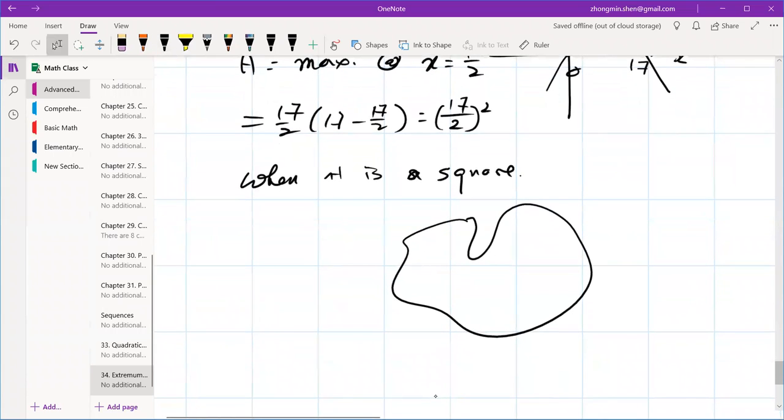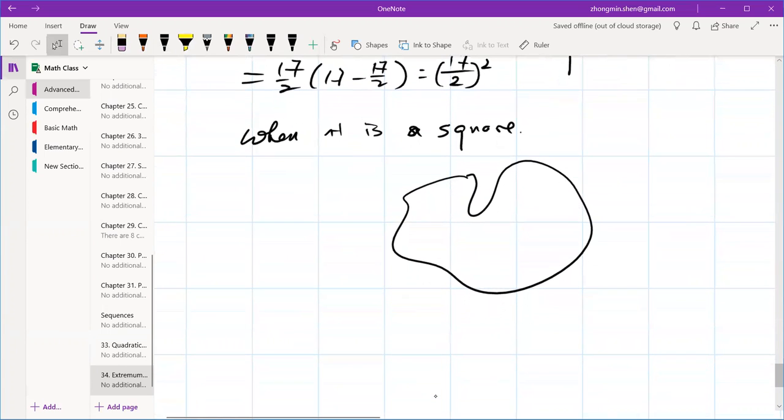Then you say, okay, based on my experience, maybe a circle, right? So this cannot be proved here.